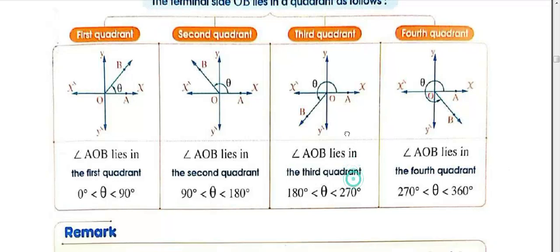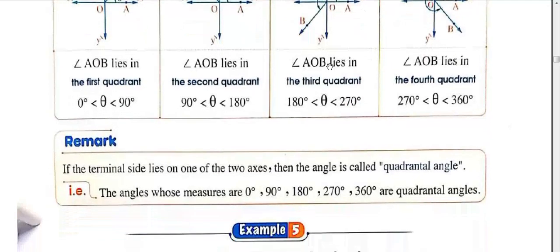Remark: if the terminal side lies on one of the two axes, the angle is called a quadrantal angle. Write here in your notebook: quadrantal angles, such that 0 degree, 90 degree, 180 degree, 270, 360 degree are quadrantal angles.